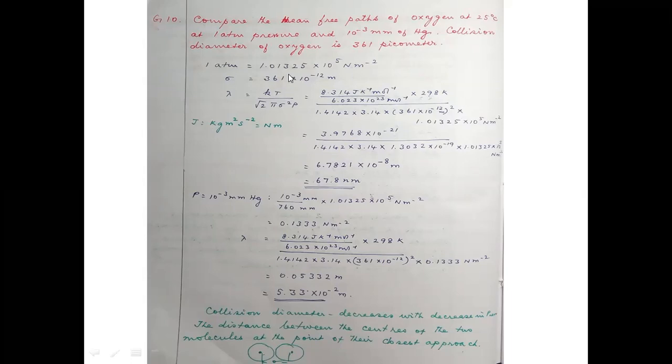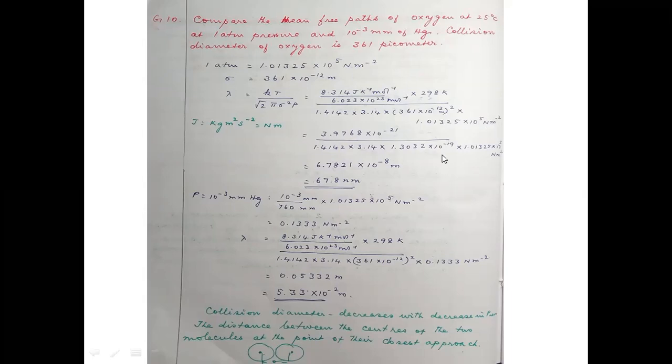Pressure is substituted in Newton per meter square, because Newton meter is joule, which is kilogram meter square per second square. I have already discussed in the previous problems how this unit has come.